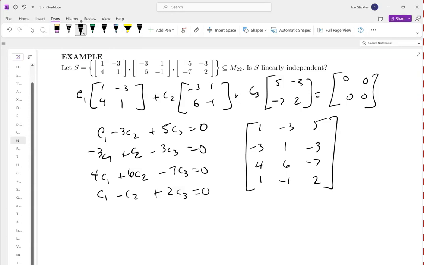Before I do anything, you should be able to tell me immediately one of the 2 things that we're learning about can't happen. Is it impossible for this to be linearly independent, or is it impossible for it to span, before you do anything? So it's one or the other, right? It's impossible for it to do one of them. What do you need to see when you row reduce for a span?